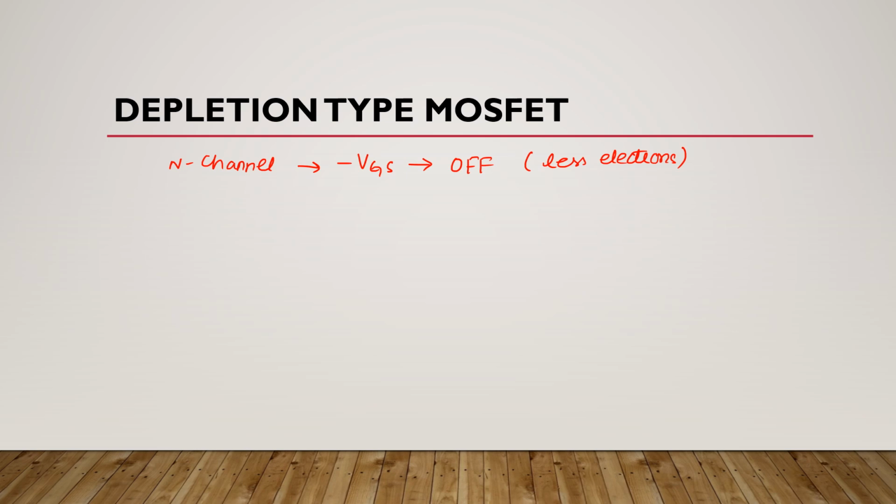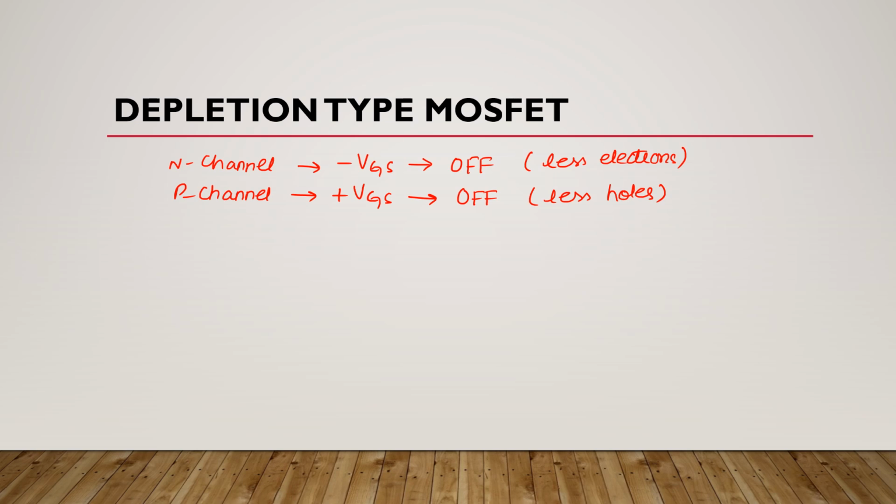Likewise, for a P channel D MOSFET, positive gate to source voltage is applied, which will deplete the channel of its free holes, turning it off. It means there will be less holes here.